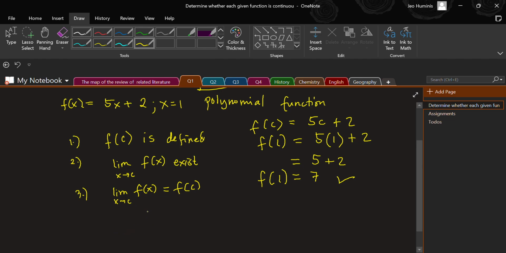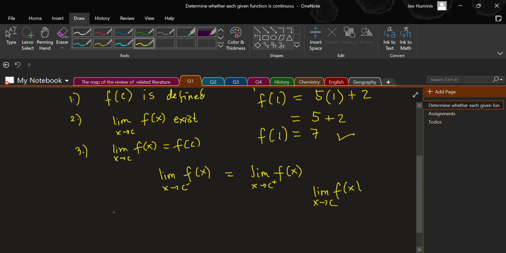So let's show that the limit of f of x as x approaches c from the left is equal to the limit of f of x as x approaches c from the right. If these two one-sided limits are equal, therefore the limit of f of x as x approaches c exists.